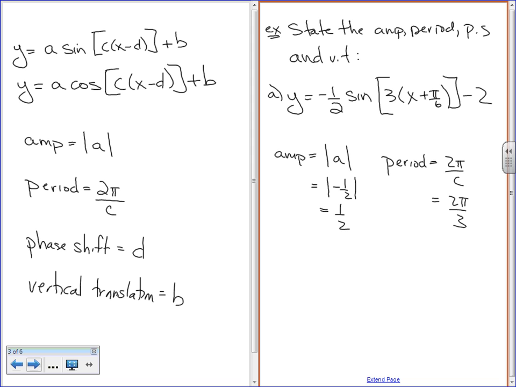The phase shift is your d value, and your d value here is negative pi over 6, or you can say pi over 6 units to the left. Okay. And the vertical translation is negative 2 units or 2 units down.